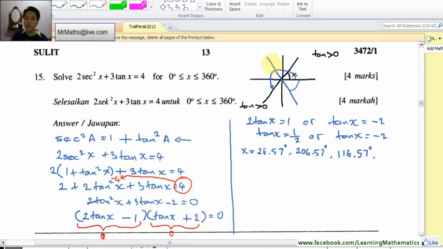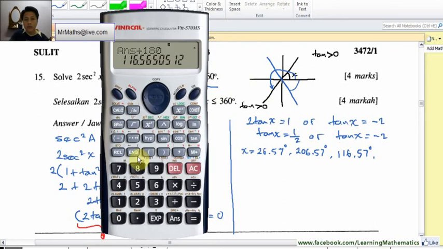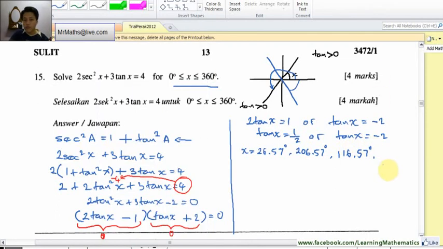Well, you need to go one round, right? Because the angle is between 0 and 360. Okay, between 0 and 360. So I'll calculate it again. Add another 180. So that is the fourth possible value, 296.57. So those are the four possible values of x.